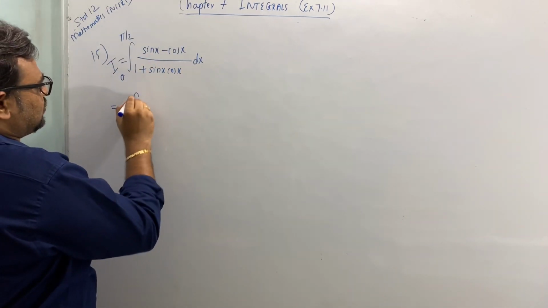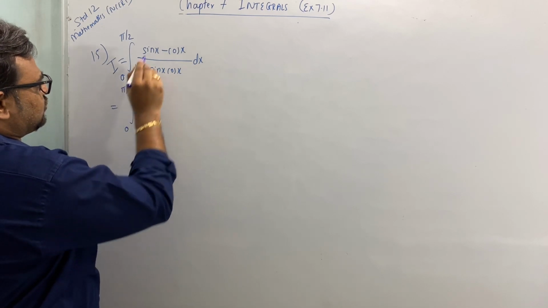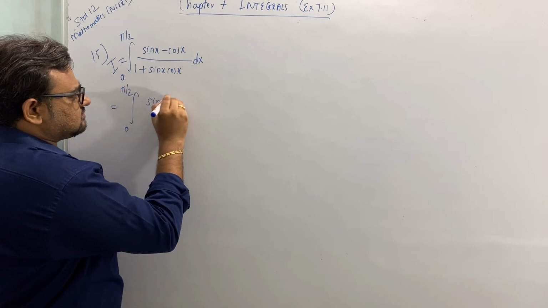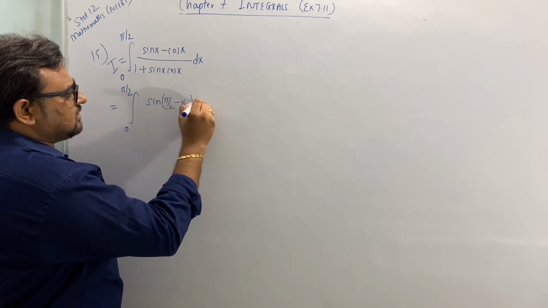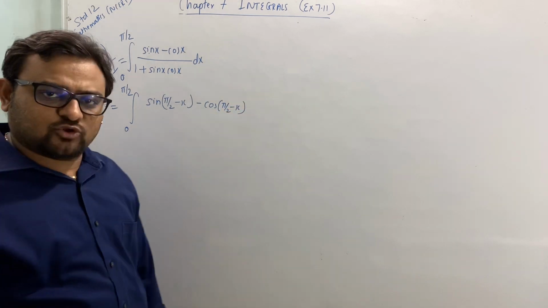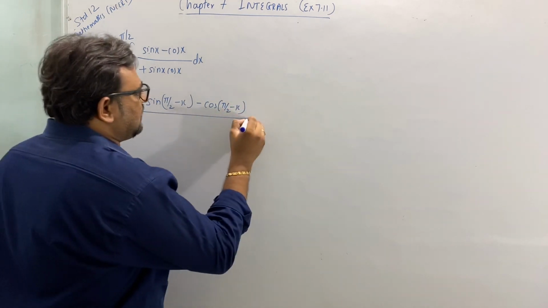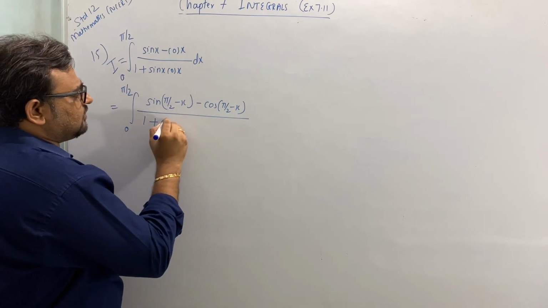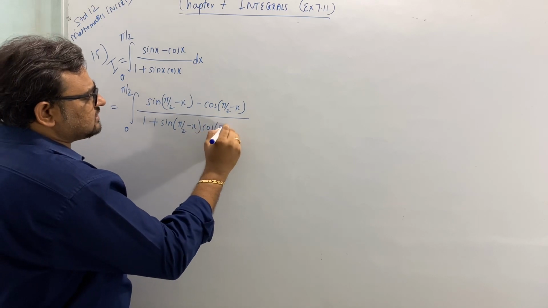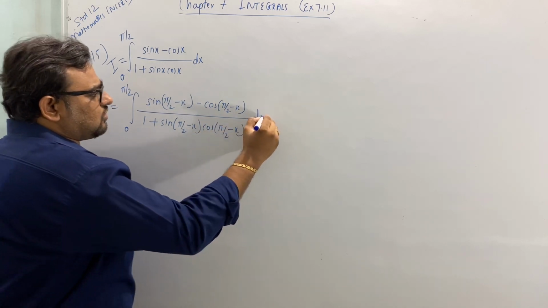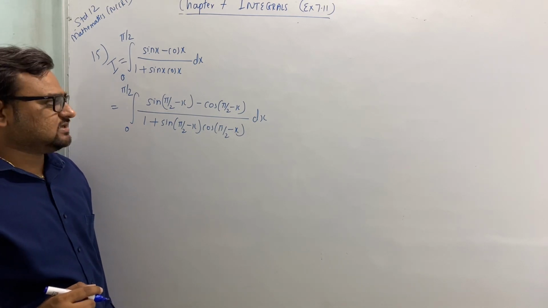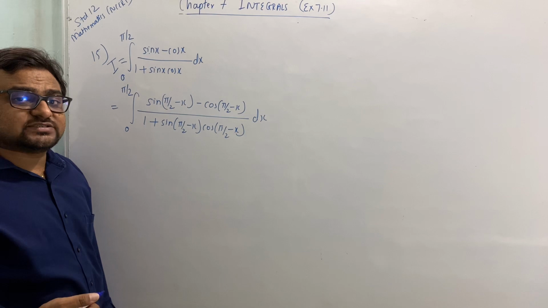So this will be equal to the integral from 0 to pi by 2 of sine pi by 2 minus x minus cos pi by 2 minus x upon 1 plus sine pi by 2 minus x cos pi by 2 minus x dx. So what is sine pi by 2 minus x?